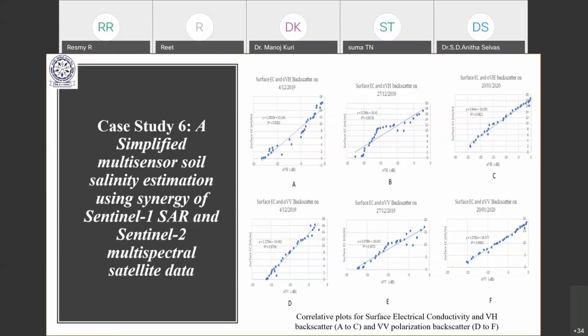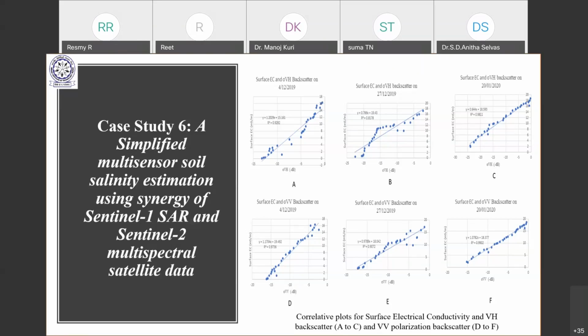Electrical conductivity cannot be determined directly, but we can have an indirect relationship with the EC, because EC, electrical conductivity of any soil, depends upon two parameters. First is the moisture parameter of the soil, how much moisture is there in the soil.